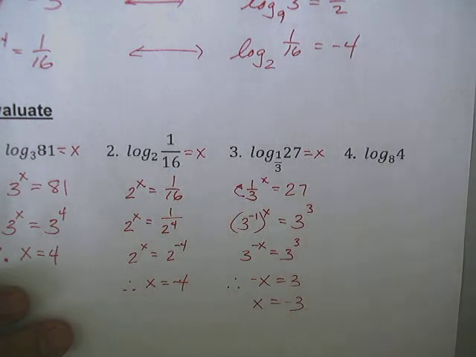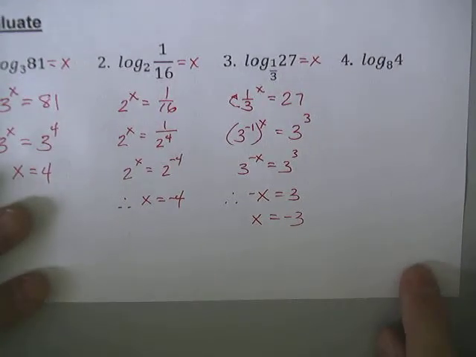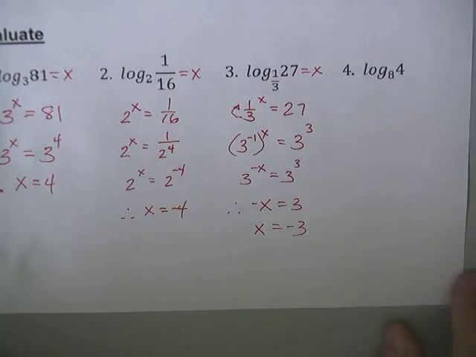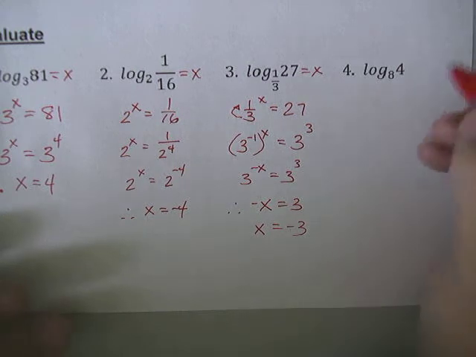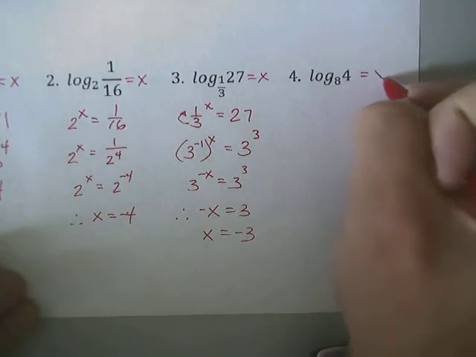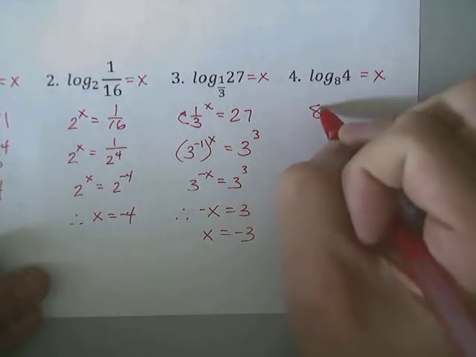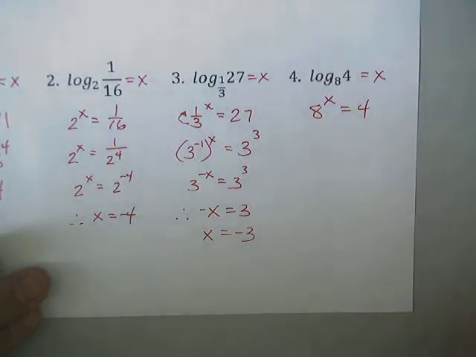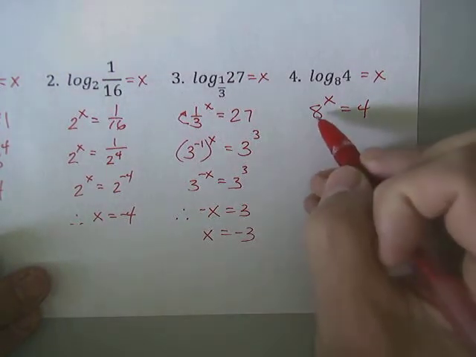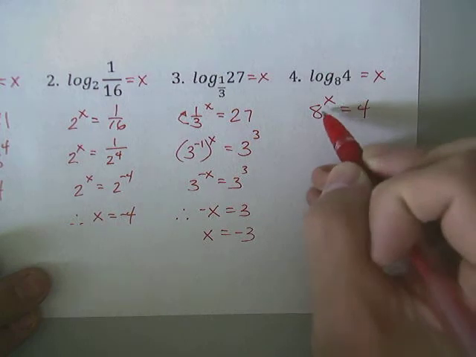So that's 3 to the -x equals 3 to the 3rd. Therefore, -x equals 3, so x equals -3. It's a tough one right there. One last one, so let's try this one.